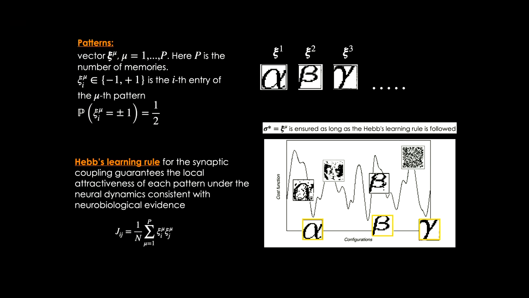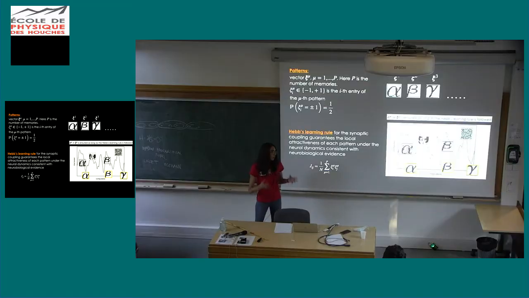We are thinking that this network has already learned, and these memories we will call patterns, which are essentially vectors of length N, where each entry can be +1 or -1 with equal probability.